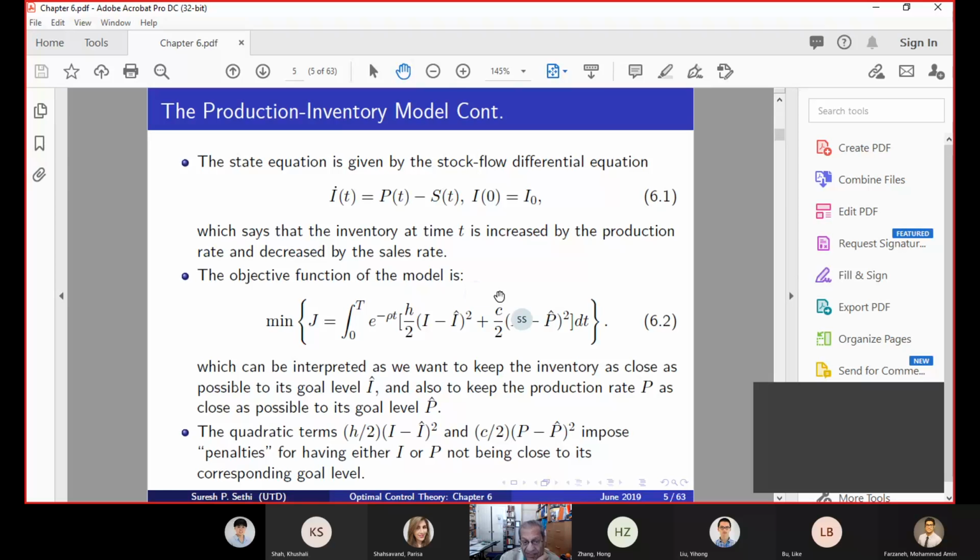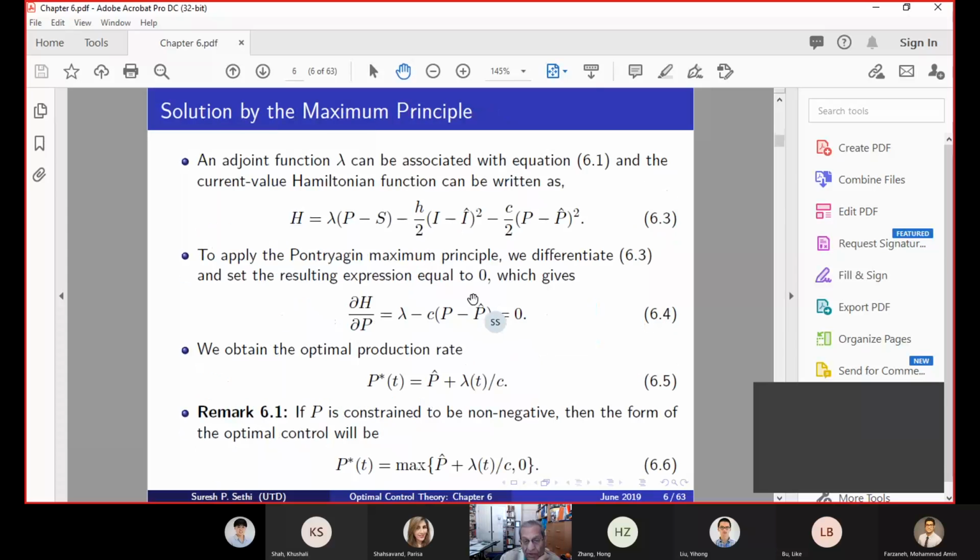That particular section allows you to have a vector state variable, a vector control variable, and even stochastic noises that you can put into this inventory equation. So that is all in Appendix D.